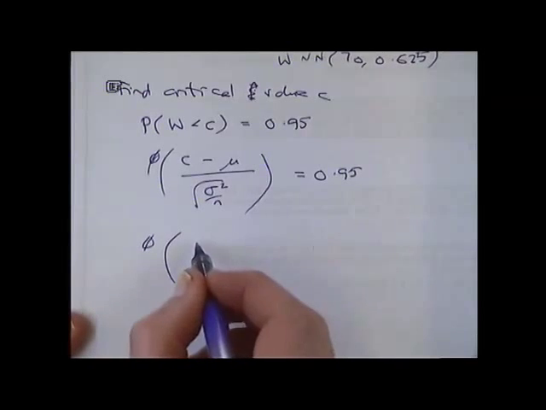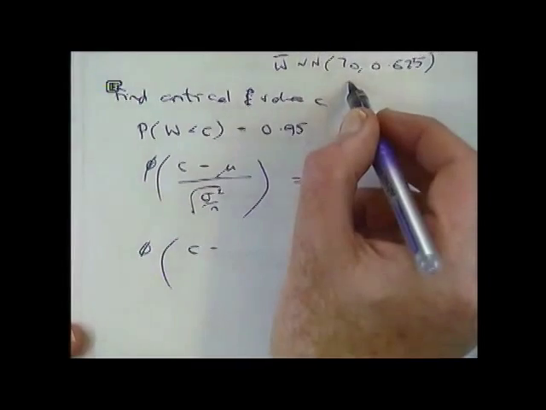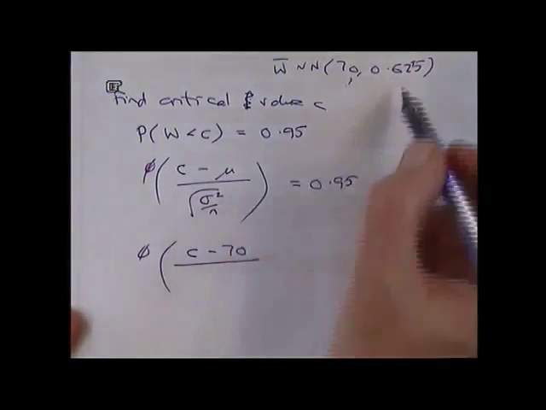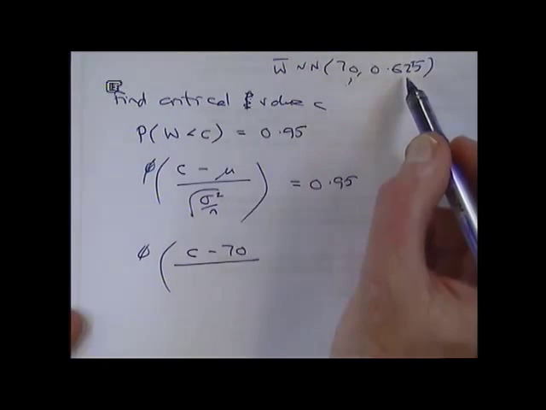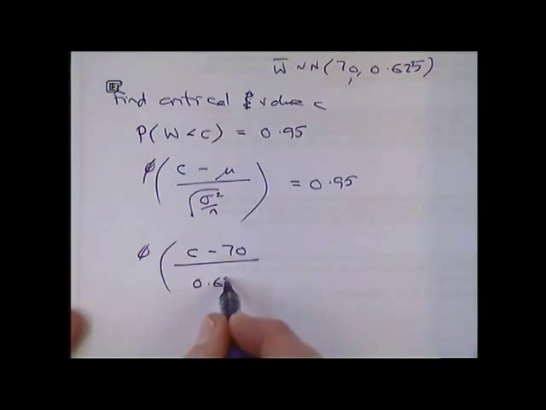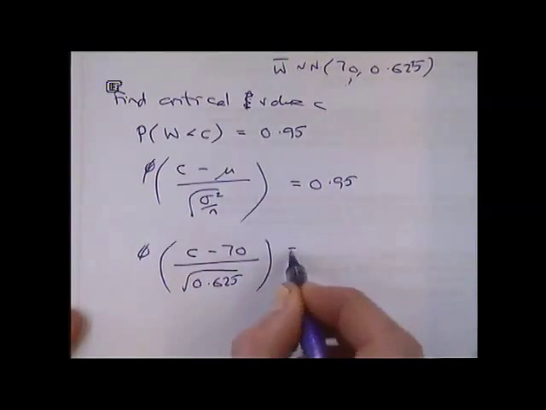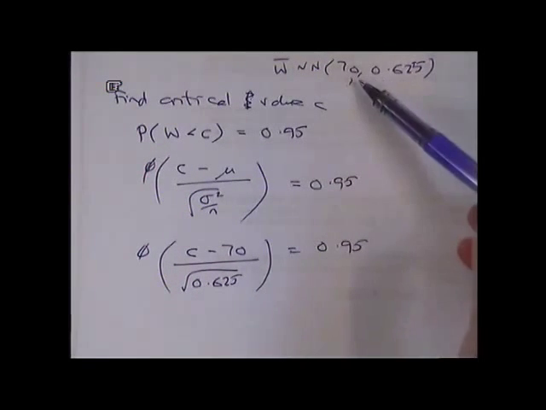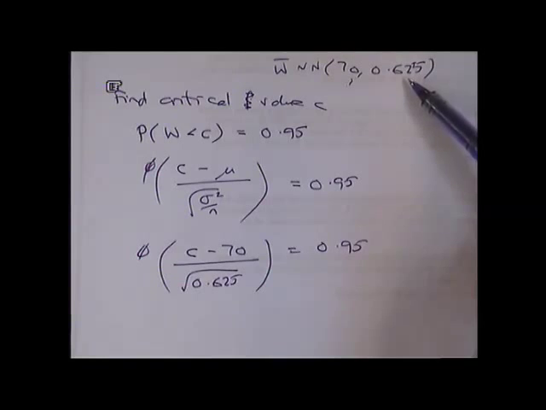So I'm going to have phi of our critical value, which we don't know, minus our mean for W bar, which is 70, over the square root of our sigma squared over n, which is 0.625, and I get that equal to 0.95. Is everybody happy with what I've done there so far? So we're going back to normal distribution probabilities and phis. That 70 is that mu, that sigma squared over n is here, and I'm square rooting it.